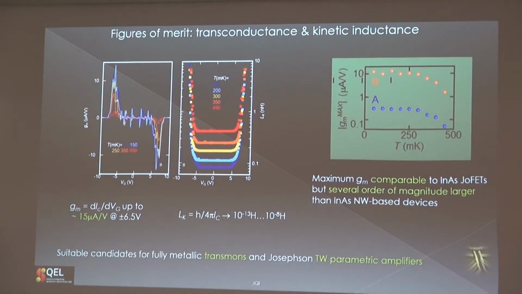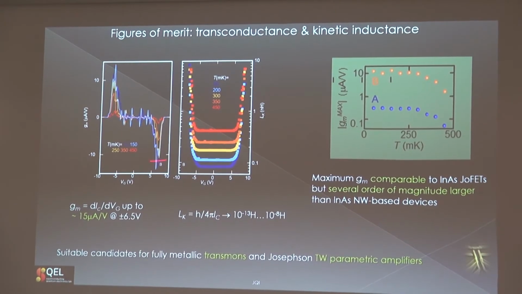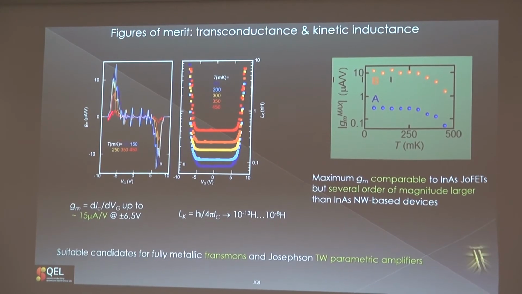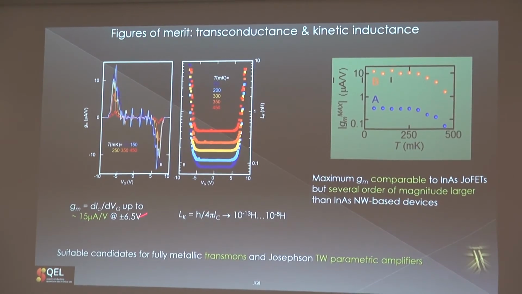If we look at this in light of possible devices, because people also like devices, one interesting figure of merit is the transconductance of this device. How much is the critical current changing with the voltage? With this first generation, we obtain something like 15 microamp per volt. This is already pretty large.